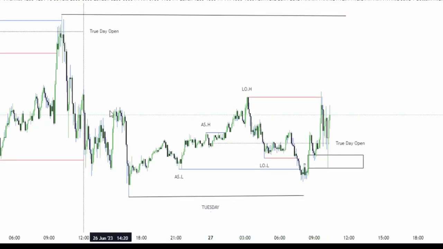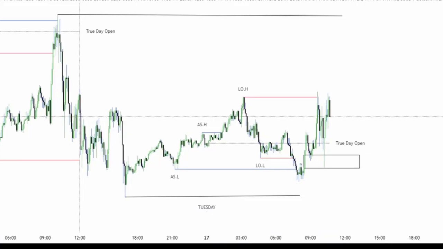We can be targeting this high, and for me, you can also take partial profit. Say you entered on this fair value gap, you can take a partial profit on this London session high, but you can target this previous day high.